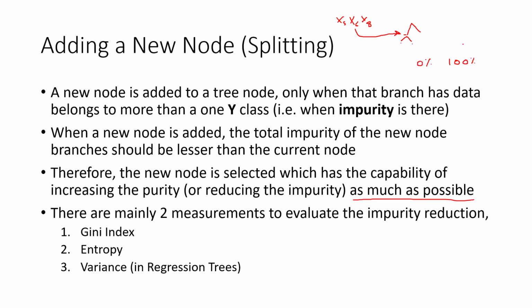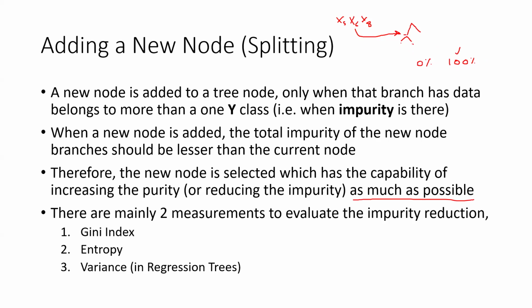That means all the data points are classified with 100% accuracy in this particular tree node. Then we call it 100% purity, right? In this kind of scenario, we don't add new nodes under that particular tree node, right?